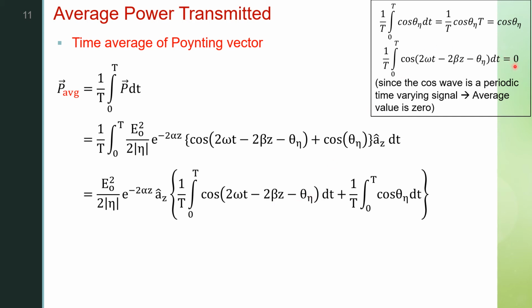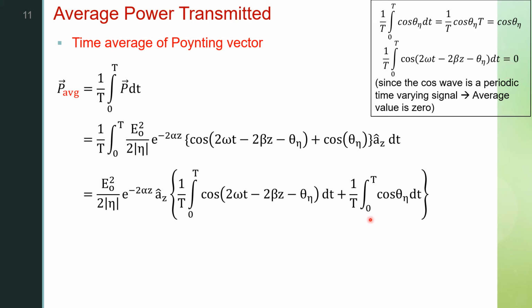That answer will be 0, because the cos wave is a periodic time varying signal, and when you find its average value, that will be 0. So its integral value is actually 0.